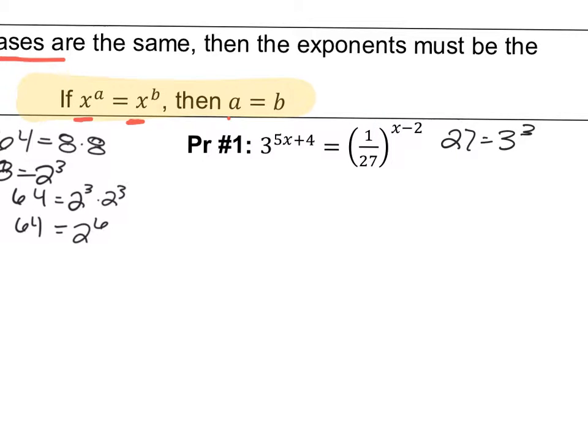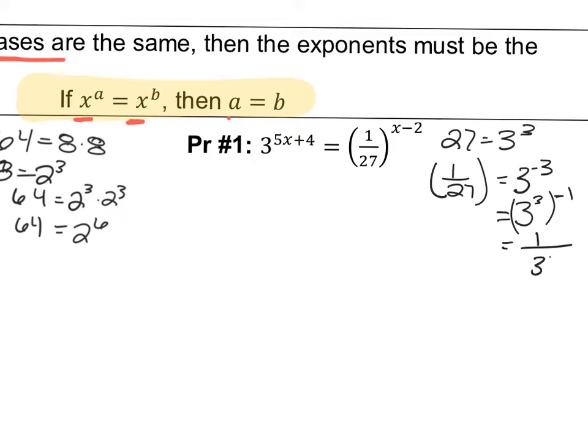Again, we talked about that last time, but we need to write it with a negative exponent, because negative exponents are actually reciprocals. So to get 1 over 27, we need to write this as 3 to the negative 3. Because when we have this negative, we can also think of it as 3 to the 3, to the negative 1, which would make it the reciprocal.